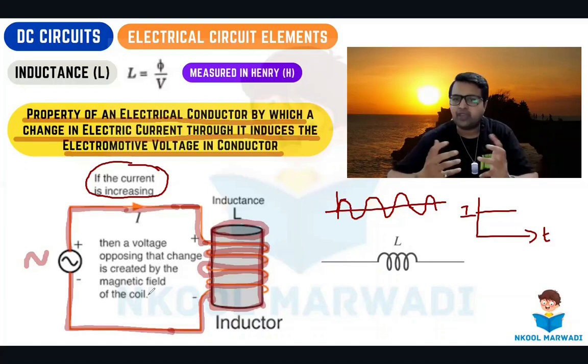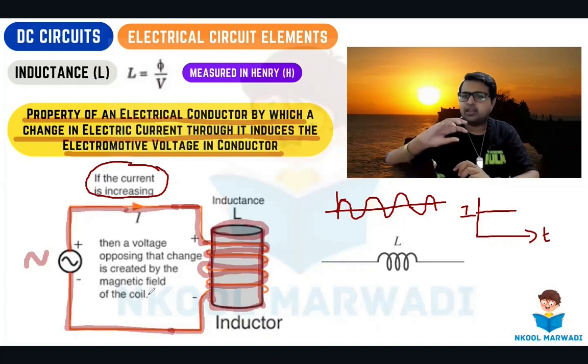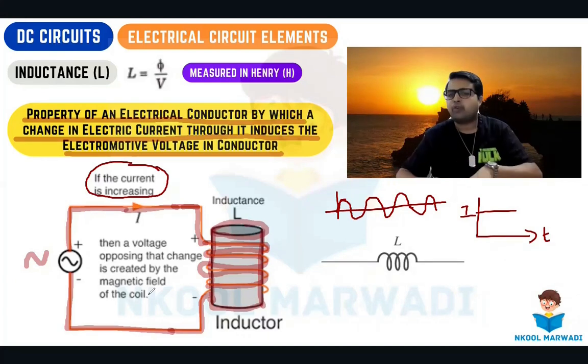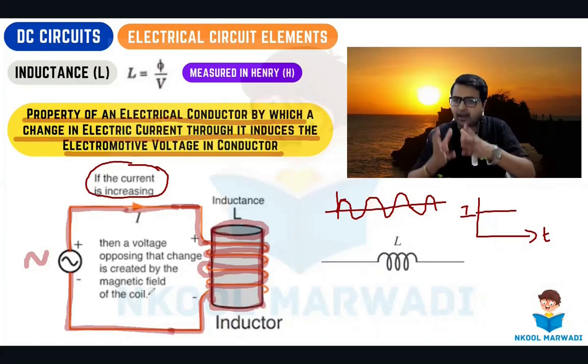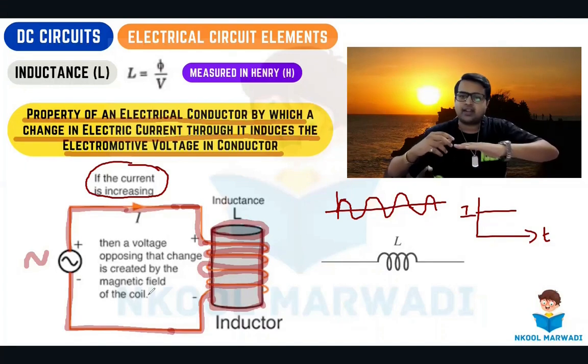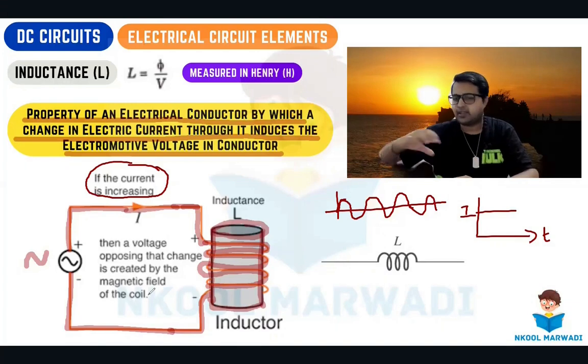Like we have studied inertia in mechanics. What inertia does is that it tries to oppose the change of state. If a body is at rest and we try to move it, initially we have to put in some effort, because inertia tries to resist. Inertia says, let it be at rest, I will not allow you to change its state to motion.